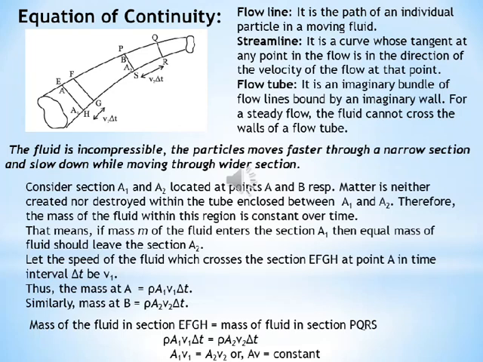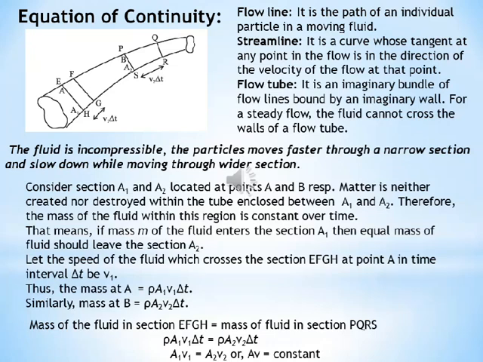The distance travelled by the fluid at PQRS will be velocity times time, so that is V2 into delta t, and similarly at EFGH it will be V1 into delta t. This is okay. So let's move to another point.